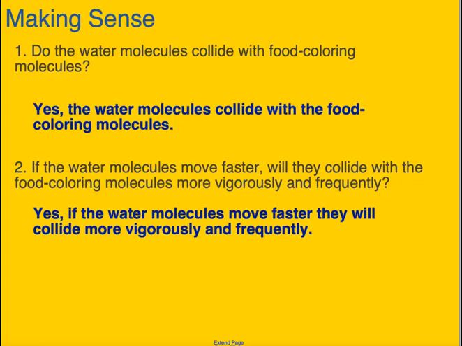And that's because the hotter the molecule is, the faster it's moving. So the water molecules are hitting it faster, it's colliding more vigorously, and it's spreading out. The cold, the molecules are moving, just not nearly as fast. So the food coloring does not spread out. So we actually use the food coloring within the video so you can actually see the molecules moving.